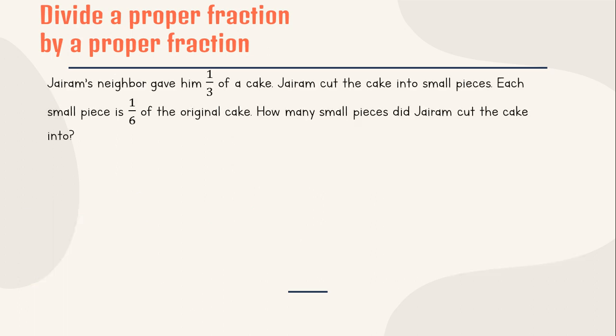Jairam's neighbor gave him 1/3 of a cake. Jairam cut the cake into small pieces. Each small piece is 1/6 of the original cake. How many small pieces did Jairam cut the cake into? So, 1/3 divided by 1/6.